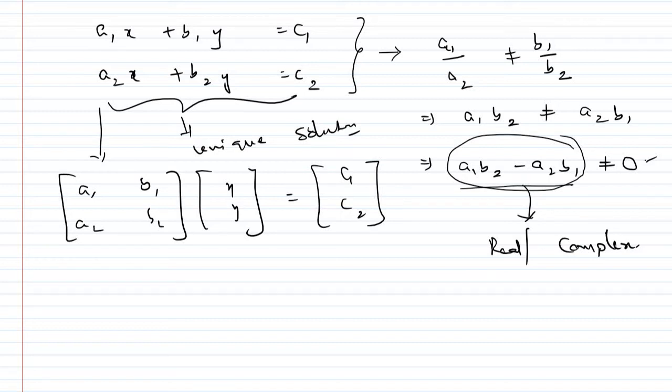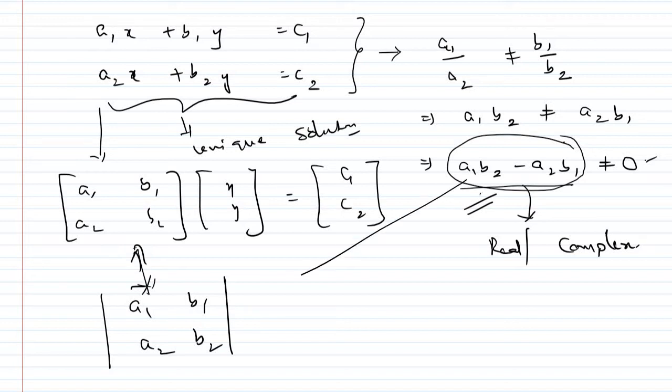This a1 b2 minus a2 b1 is called the value of the determinant of this matrix. This matrix can be expressed as a1 b1 a2 b2 in this format, using two parallel lines, and then we say it is a determinant. The value of this determinant is a1 b2 minus a2 b1.